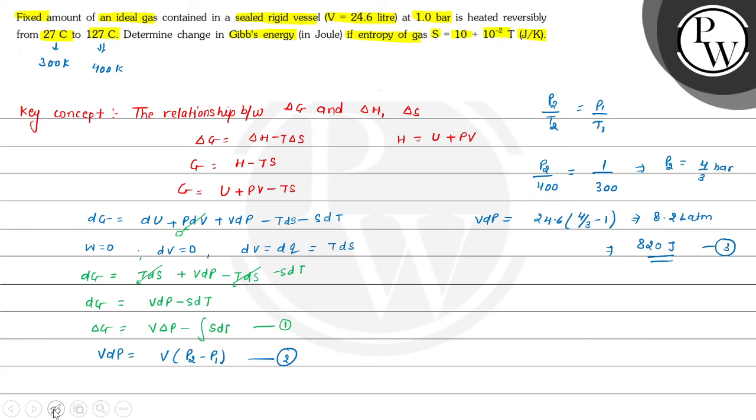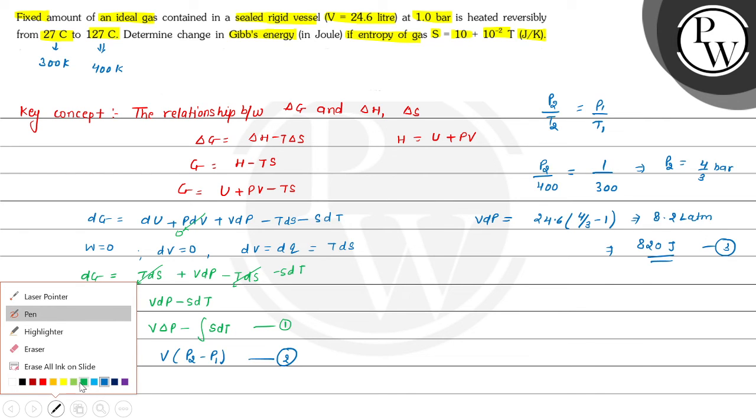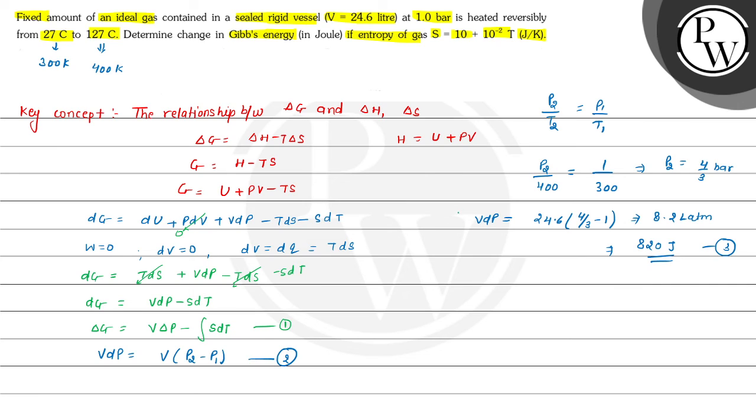Now we can integrate the value of S dT. So S is equal to 10 plus 10 raised to the power minus 2 T, dT.